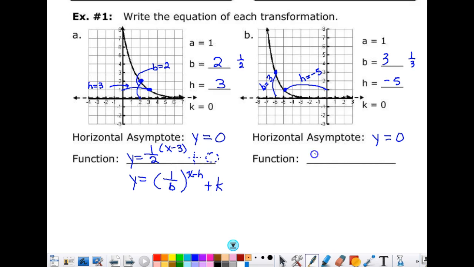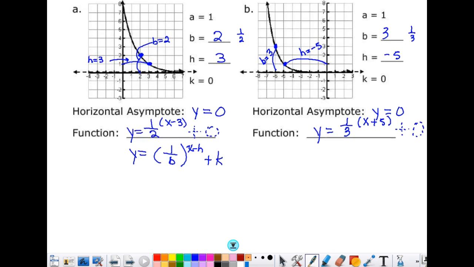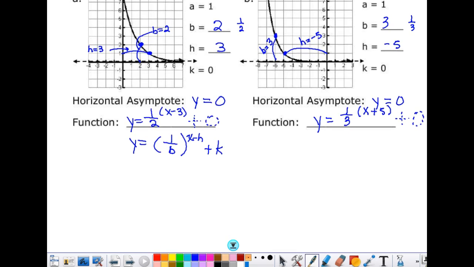So, y equals 1 over b x plus 5. It's going to be the opposite, right? And then plus k. Okay. Next page.